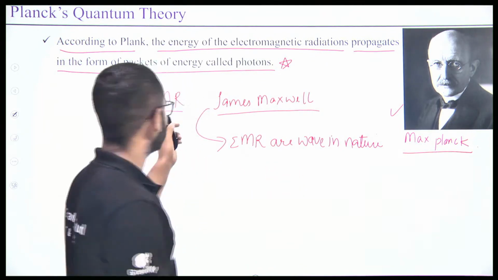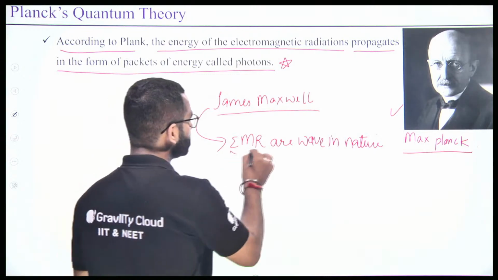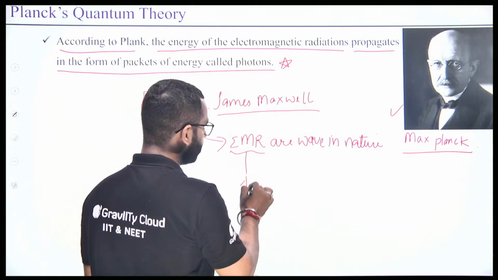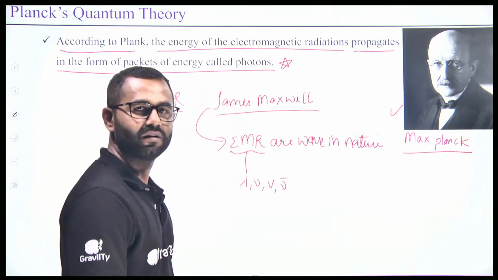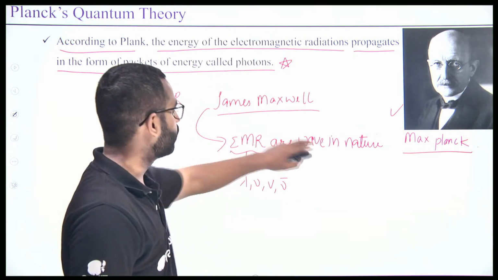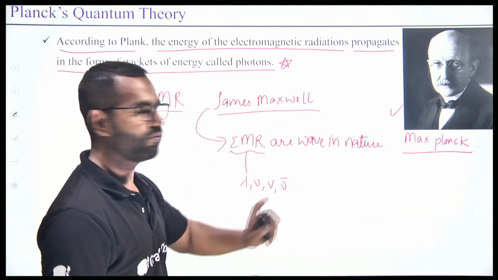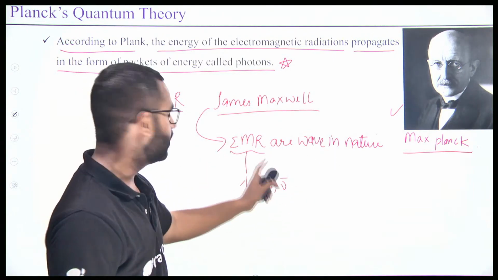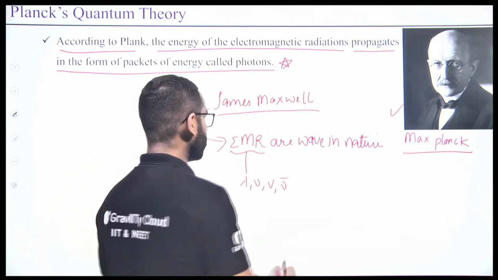Simple. If these electromagnetic radiations are wave in nature, that means they will have wavelength, frequency, velocity, wave number, right? We have gone through the characteristics of waves: wavelength, frequency, velocity, wave number, and amplitude also.